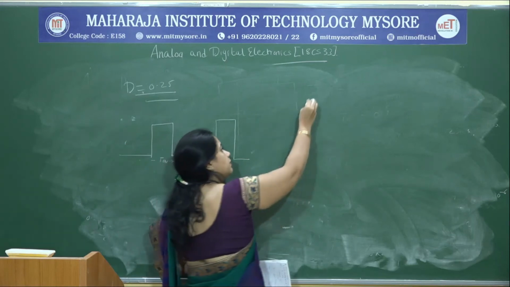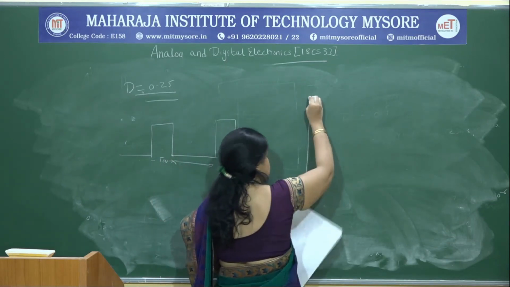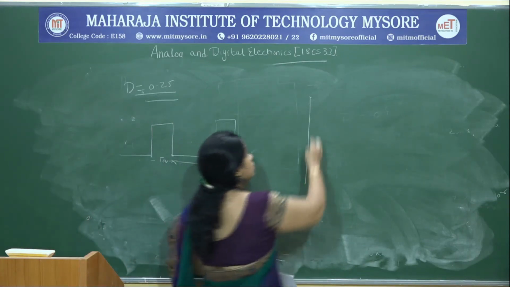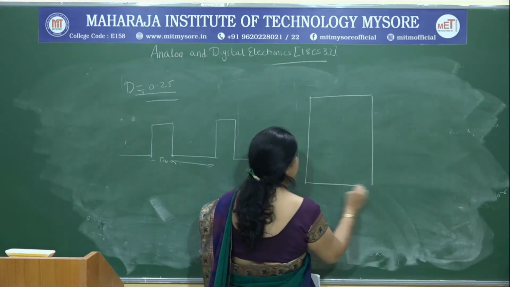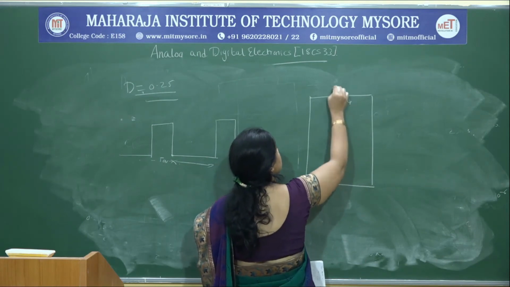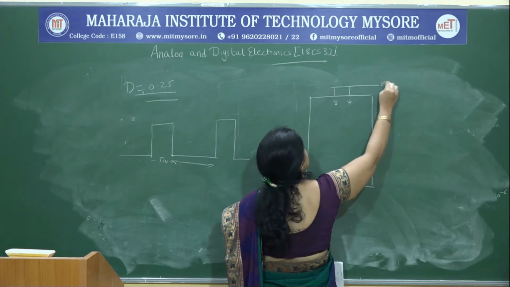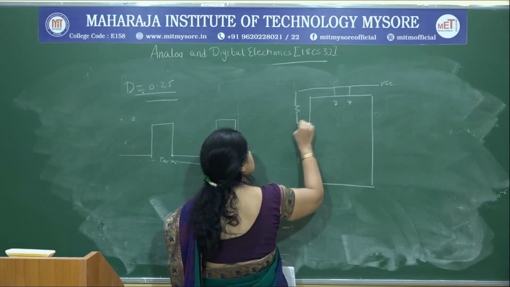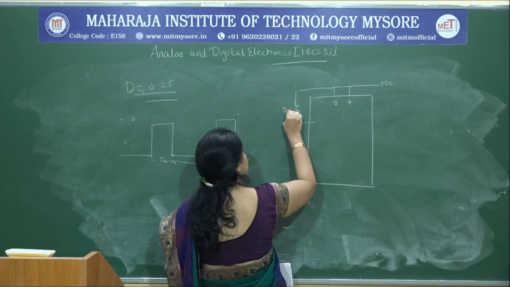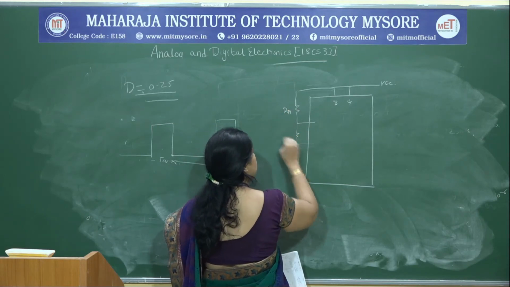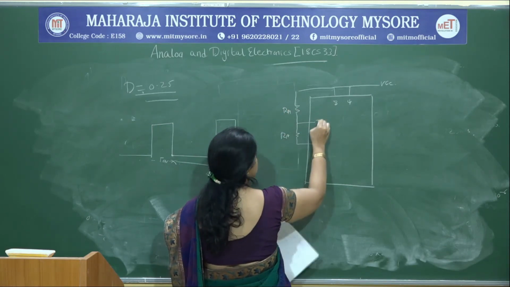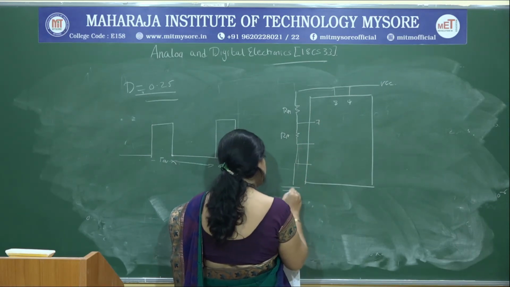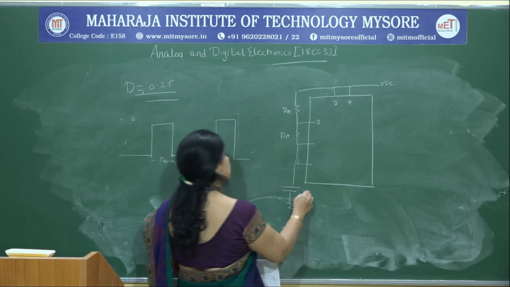So, with the regular astable multivibrator, we have the usual circuit without any modification. Your astable multivibrator is something like this. To the discharge transistor, we have RA, and we have the capacitance connected.